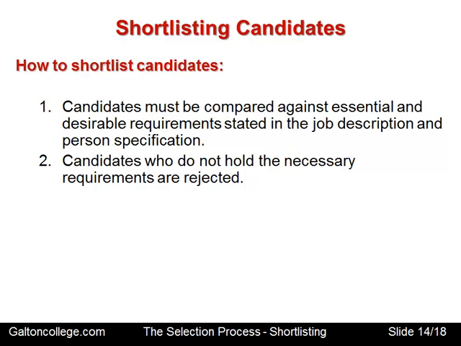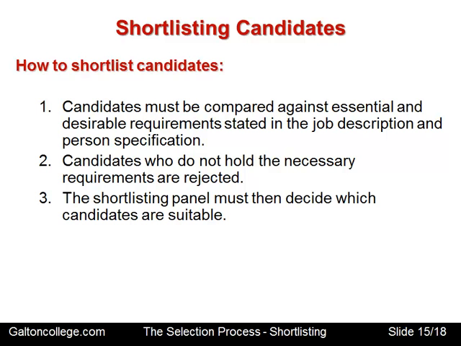The candidates who don't hold the necessary requirements, well, those are rejected. So simply by going down the desired criteria as set out in the job description and the person specification, if a person does not meet that, then they are rejected. So it's comparison with the job description and the person specification. The shortlisting panel must then decide which candidates are suitable.